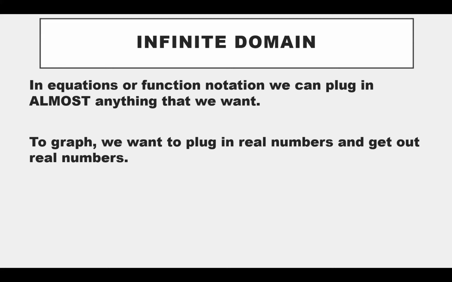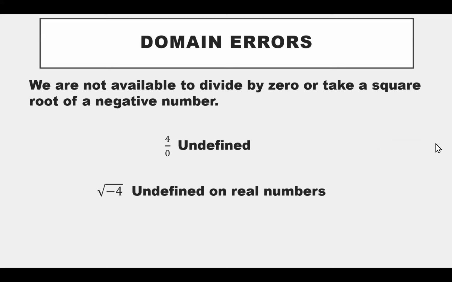So how does this work? Well, because we want real numbers, we want things to be well defined. And there are a couple of instances where we commonly get some domain errors.